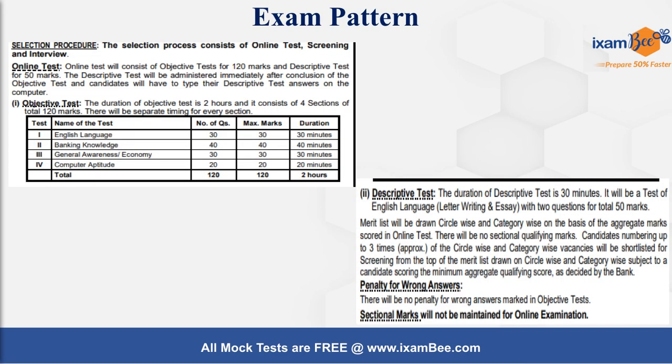If we talk about the examination pattern, you can see the objective test would be 120 marks. Just after this, you need to write this descriptive English paper, in which you have to write one letter and one essay. So this is 120 plus this descriptive is 50. So it is going to be 170, and this descriptive test is not qualifying.